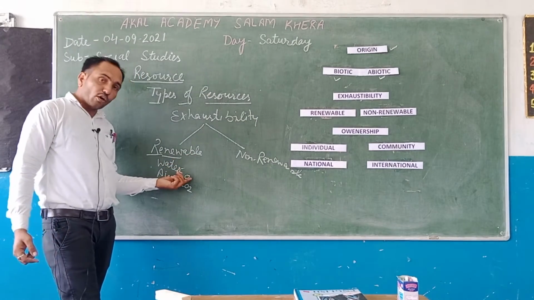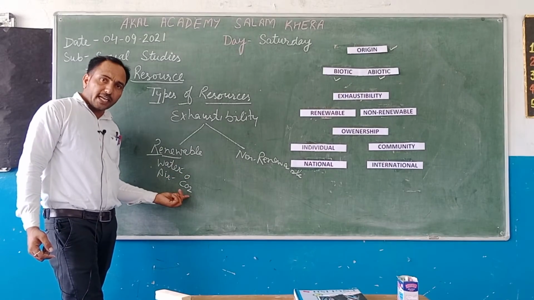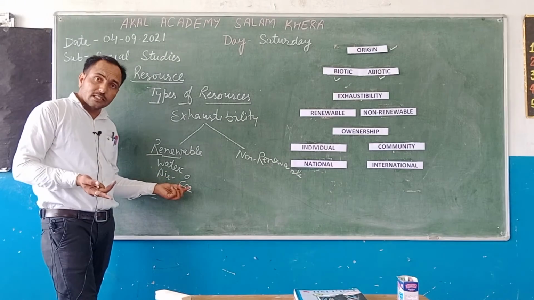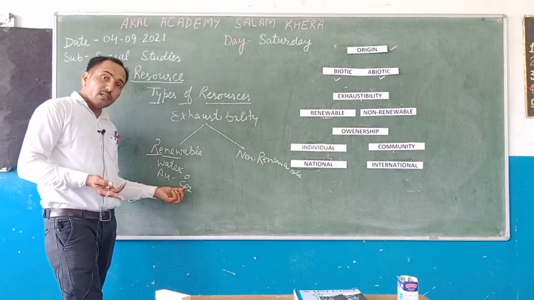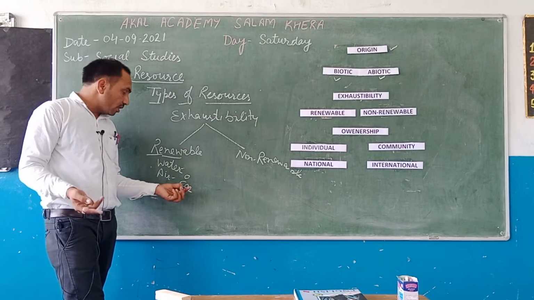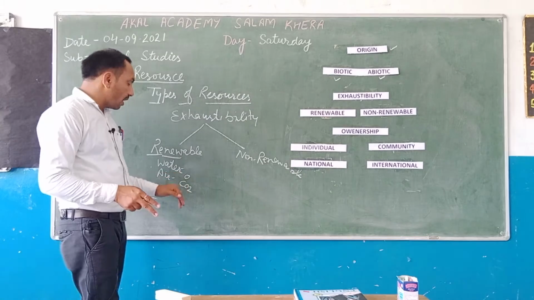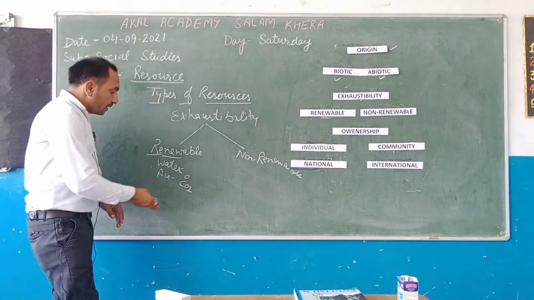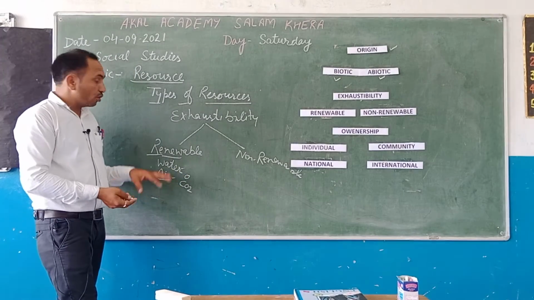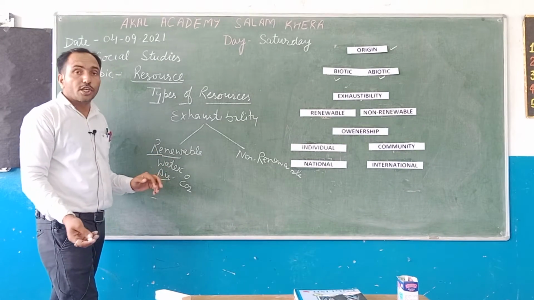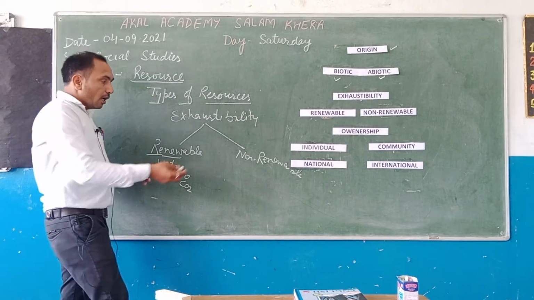We humans use oxygen, plants use carbon dioxide, and we produce carbon dioxide, while animals and plants produce oxygen. So there is a balance between oxygen and carbon dioxide in the air. These renew themselves, so they are counted under the renewable resources.